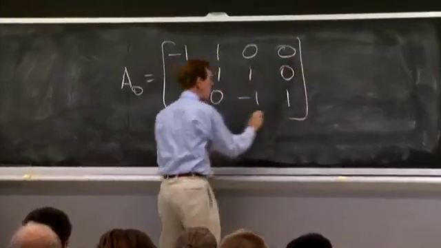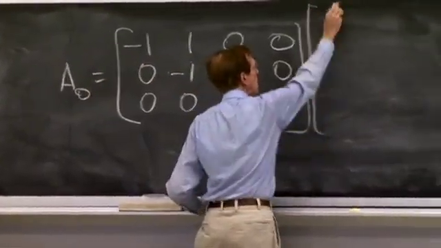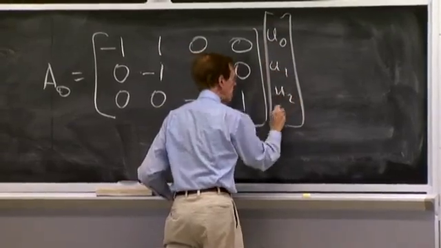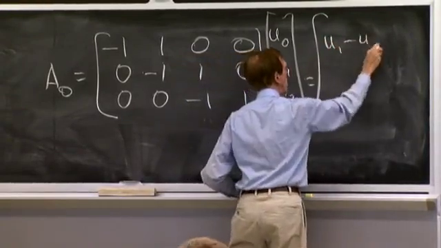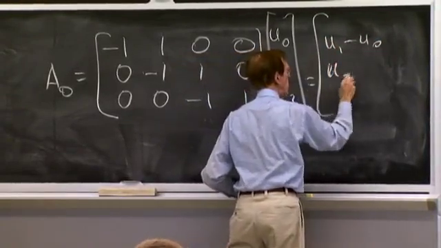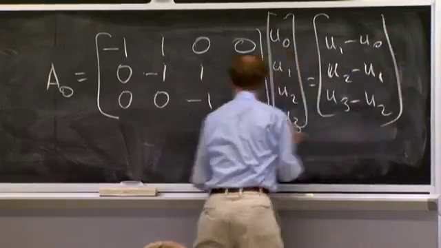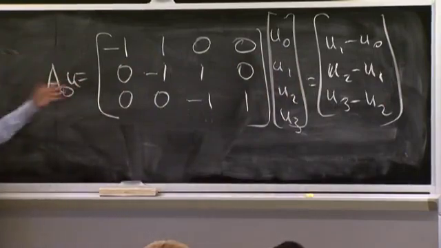You see what I mean by a difference matrix. If I were to multiply it by U naught, U1, U2, U3, I would get differences, right? I'd get U1 minus U naught, U2 minus U1, and U3 minus U2. So that's A naught times U.